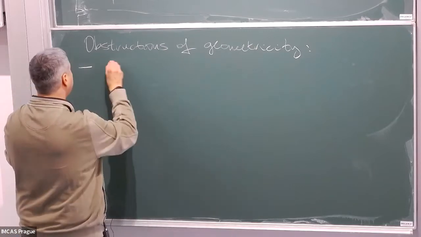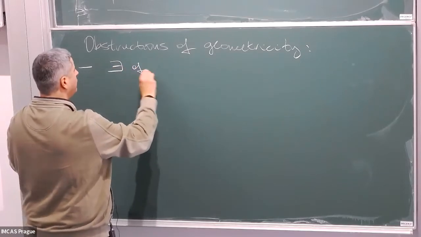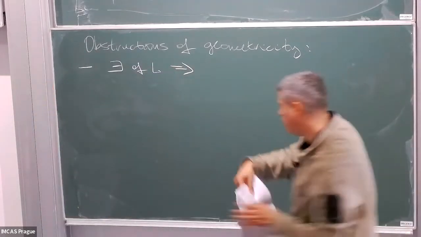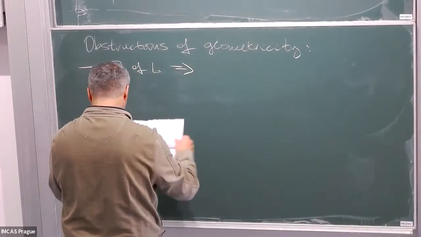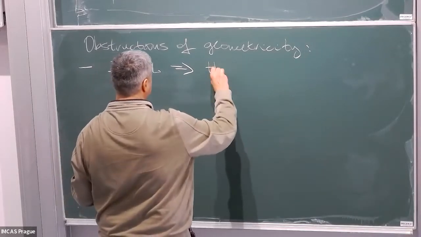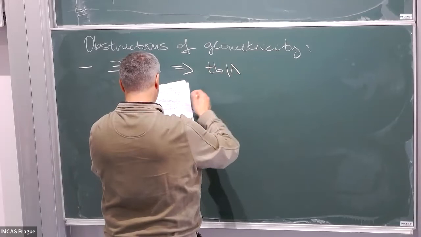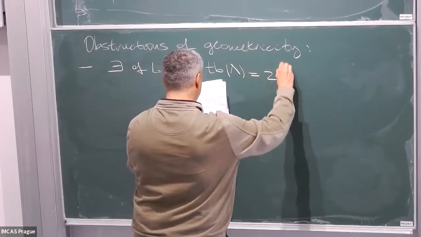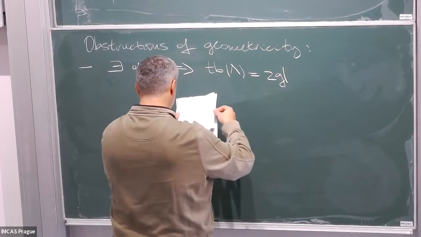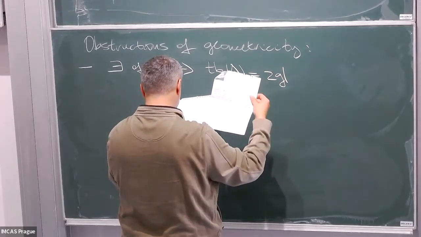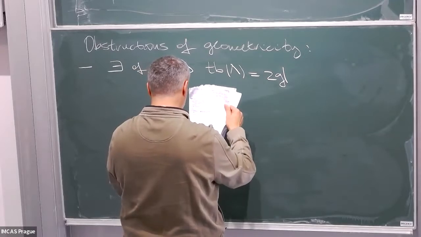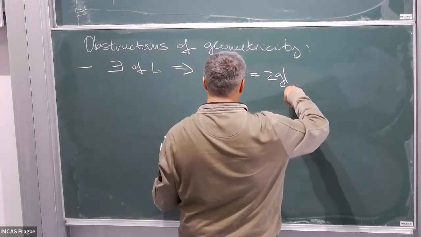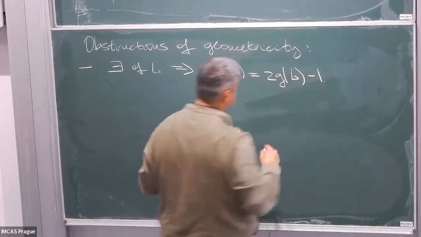So basically, existence of a filling L will imply that, I need to be careful, TB of lambda is equal to, it will be 2G of L minus 1 or something like that.